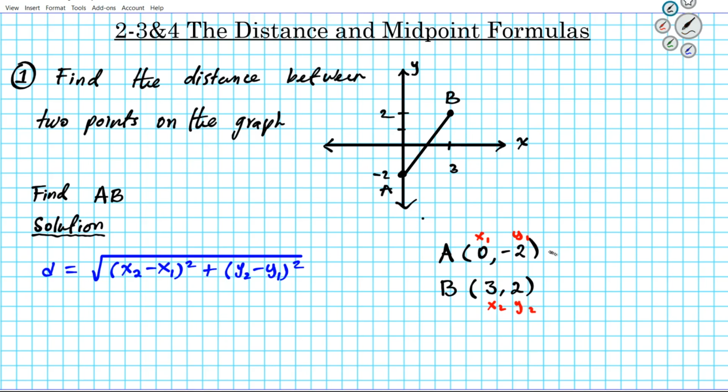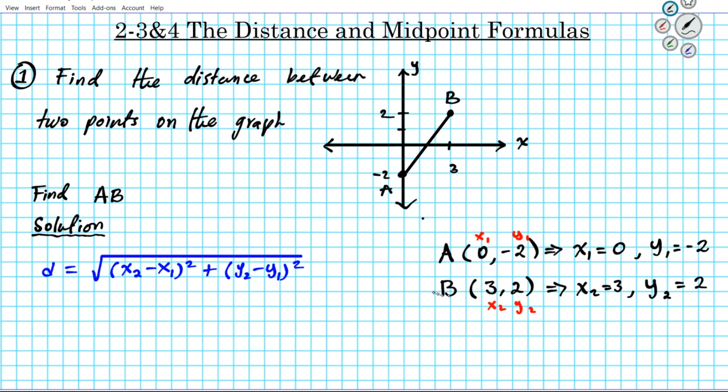Alrighty, let's write it out so it's clear exactly what we're doing. From point A, we know that x1 is 0 and y1 is -2. And from point B, we know that x2 is 3 and y2 is 2. It's important to clearly identify what x1, y1, and x2, y2 are. Why? Well, it's because it helps you avoid making mistakes.